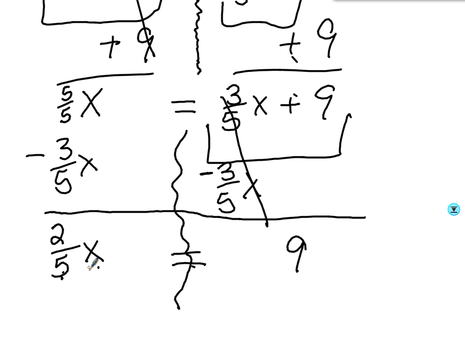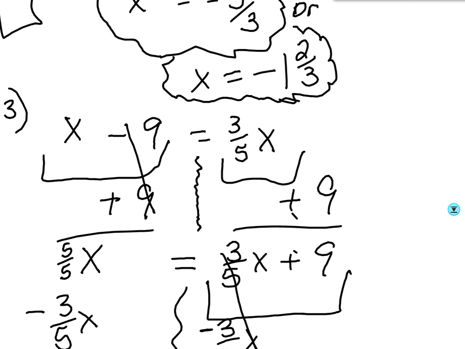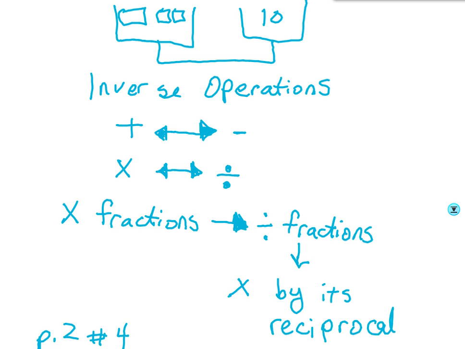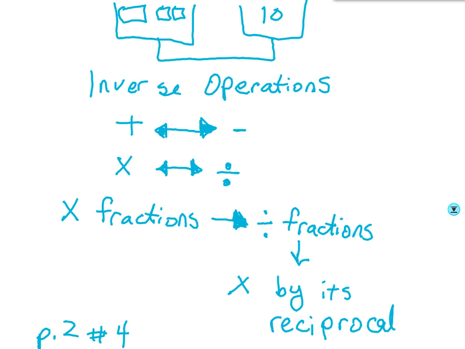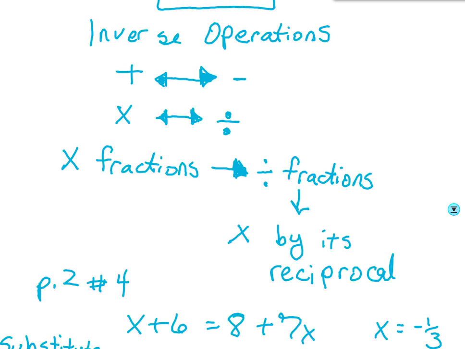Shannon, look back at your notes on the very first page. How do you get rid of multiplying by a fraction? Take the inverse and do what? Look back. At the very top, we were talking about the inverse operation. Divide by the fraction. How do you divide by a fraction?